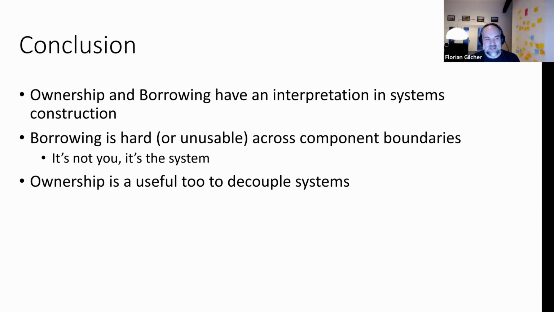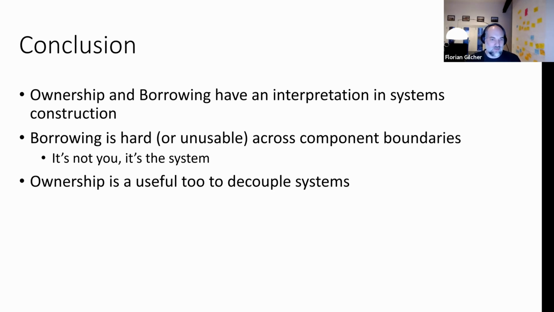It's pretty hard. And in this case, well, it's not you, it's the system. Borrowing in this case is just not the right solution, and references are not the right solution. And that isn't even specific to Rust. That is the same in a lot of other languages as well.